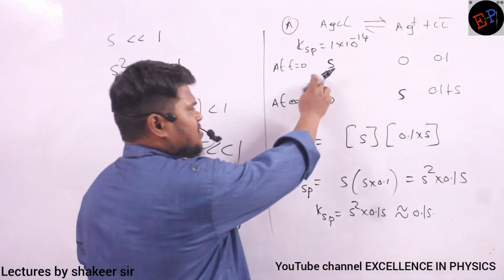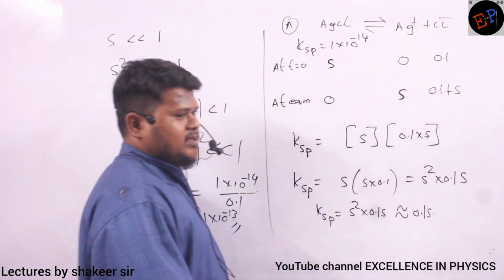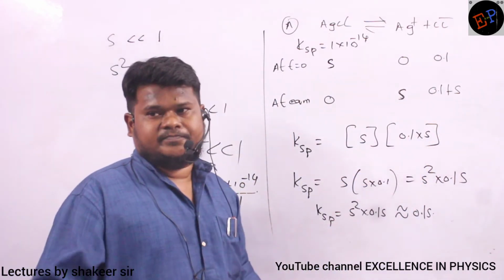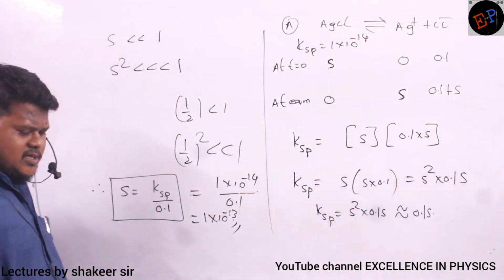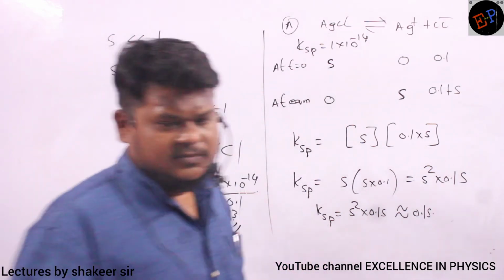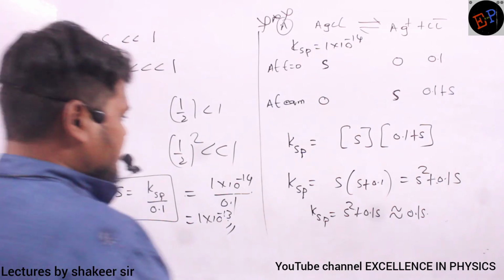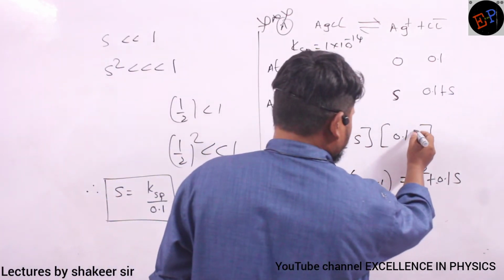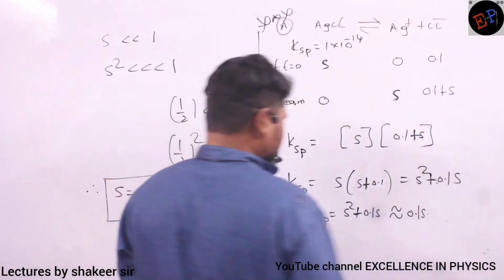If 1 mole disappears, 1 mole of Ag plus forms and 1 mole of Cl minus also forms additionally. That's it. Here we have a shortcut formula also. By mistake I wrote a multiplication sign; this is plus only, here also plus, and this is also plus.